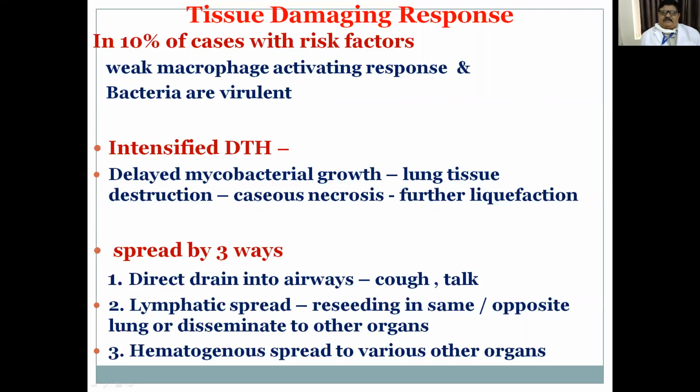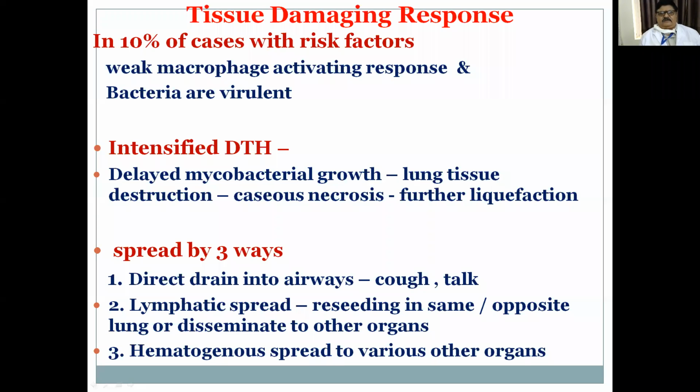So by lymphatics, they can spread into the opposite lung or disseminate into other organs. And the main one, the hematogenous spread to various other organs, also can be there.